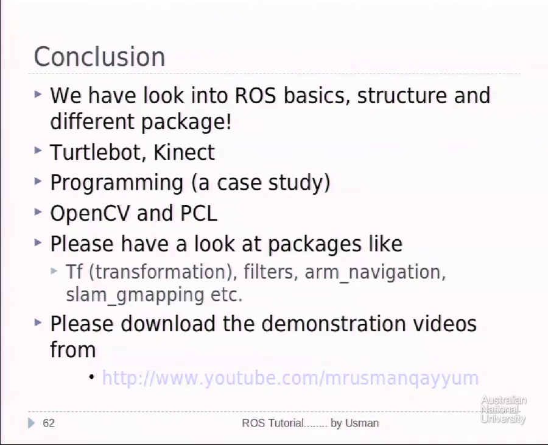So the quick summary is: using PCL you can recognize an object, with OpenCV you can recognize an object, and with this 3D information you can see where the free space is.